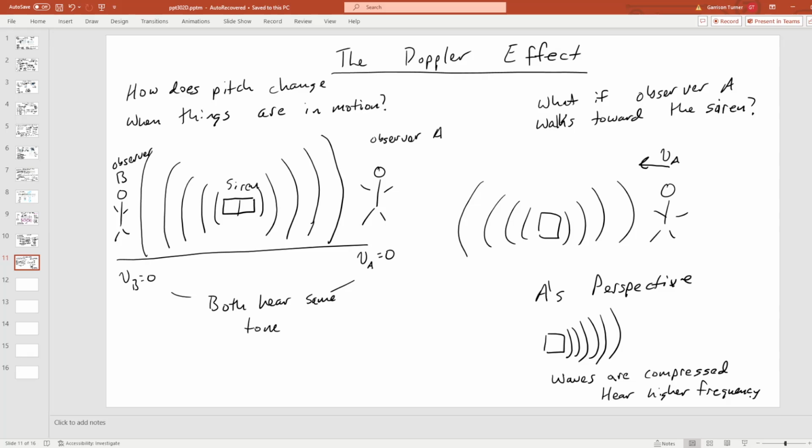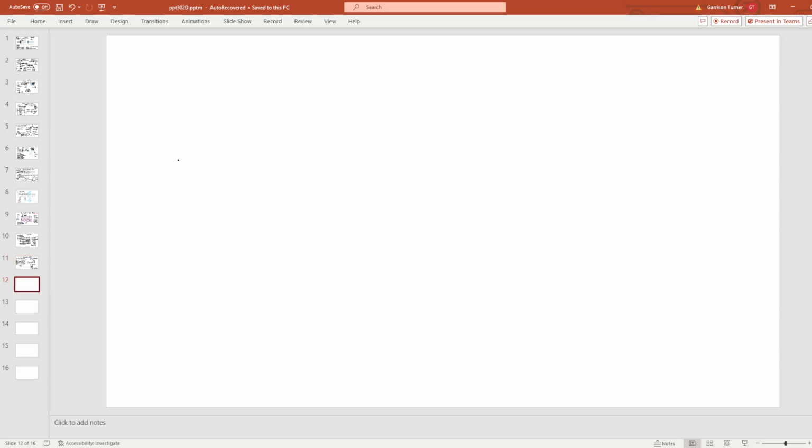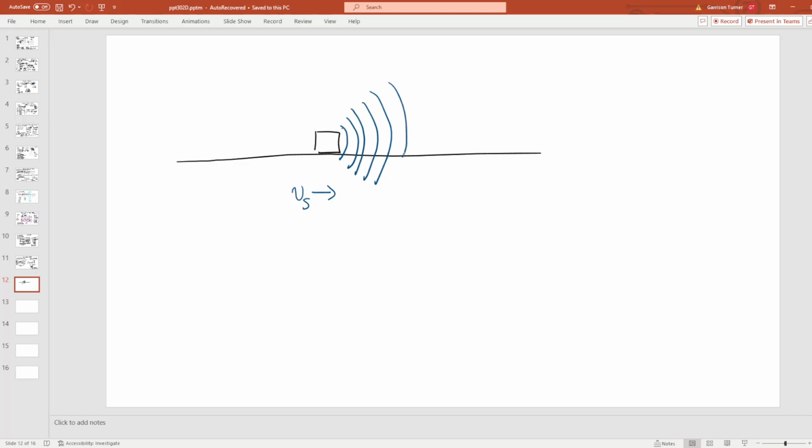Now, the entire thing with the Doppler effect is this is true if the siren were in motion and our observer remained stationary. So if our siren were in motion, let's let the velocity of the siren be this way, the waves are going to be moving into their own waves and get compressed.